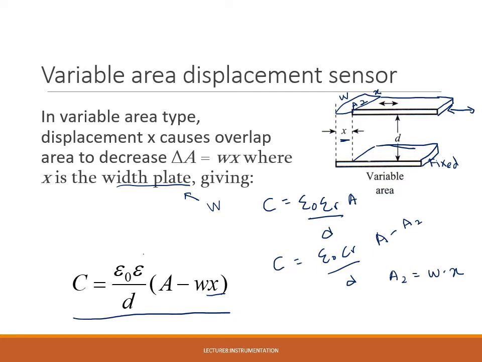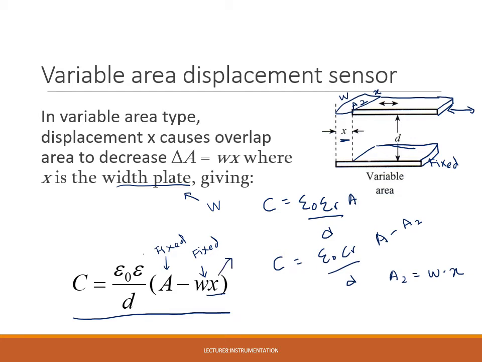So putting the equation together, we have capacitance equal to epsilon naught epsilon r over d, which is constant because it does not change, times A, the initial area, minus width multiplied by x. And width here is also fixed, the same value. The only variable that changes is x here.